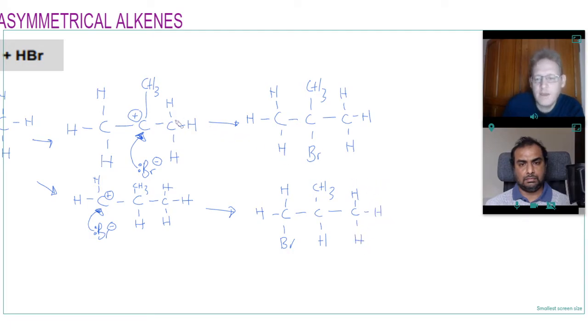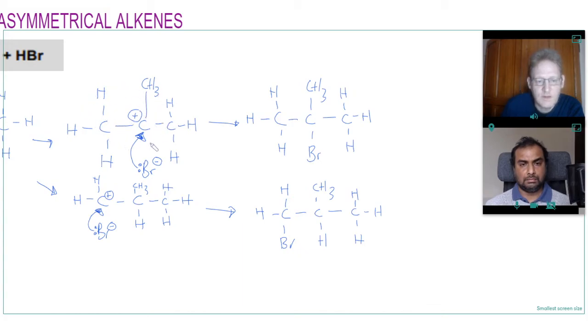In fact, we get both these products in the reaction, but one is the major product and one is the minor product. And to decide which is the major and the minor, we look at the carbocations that were formed here.